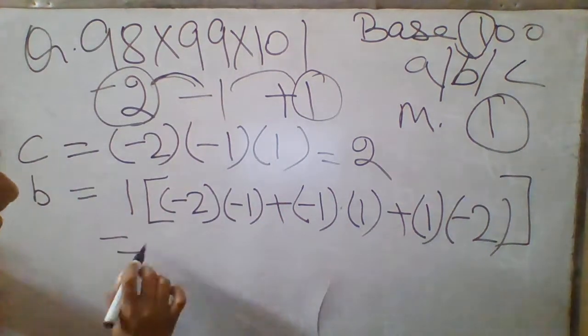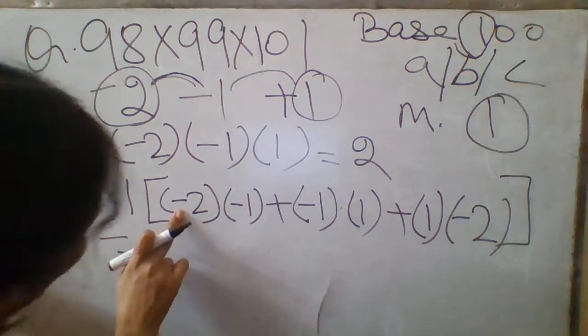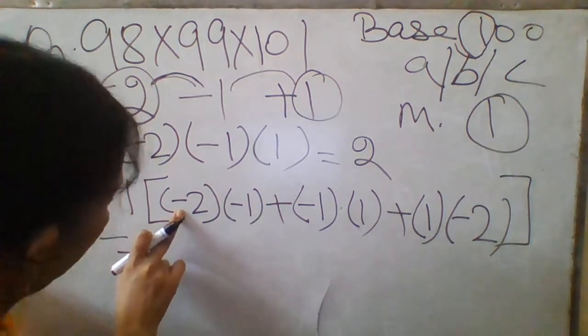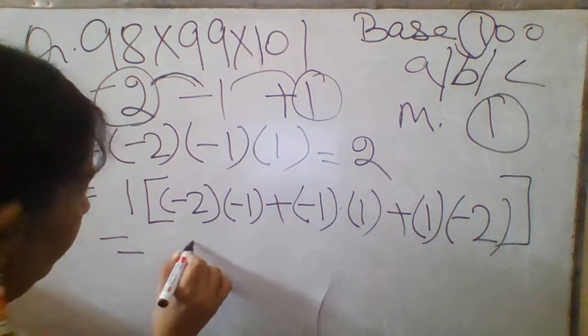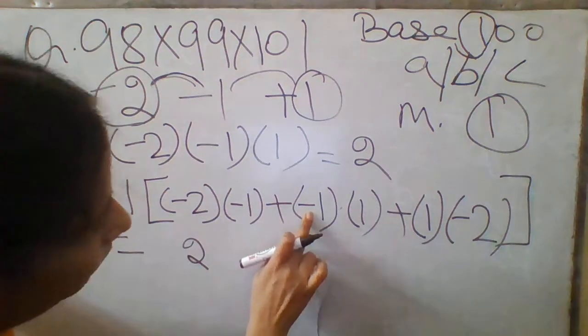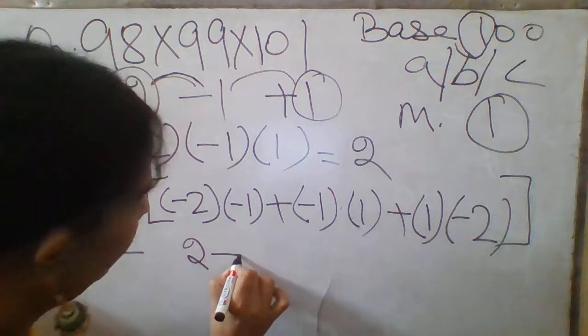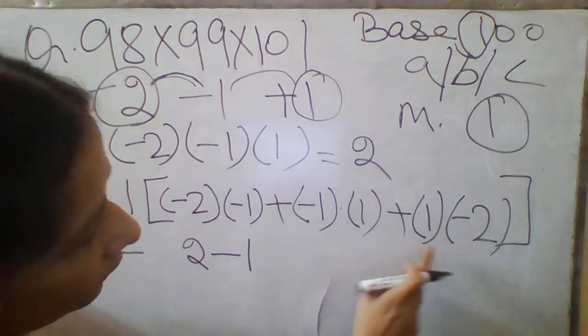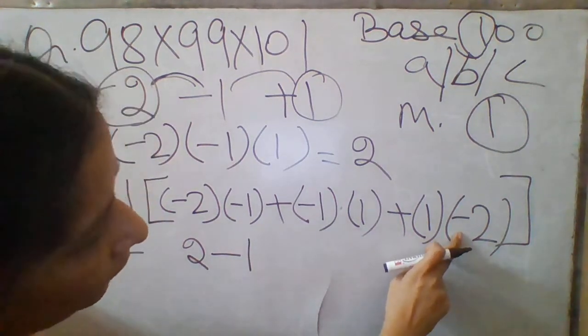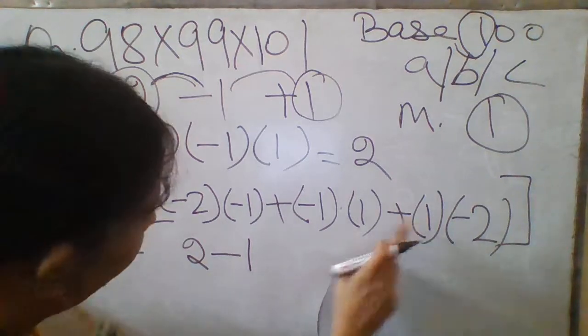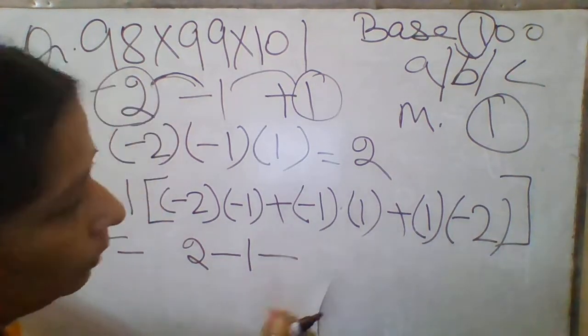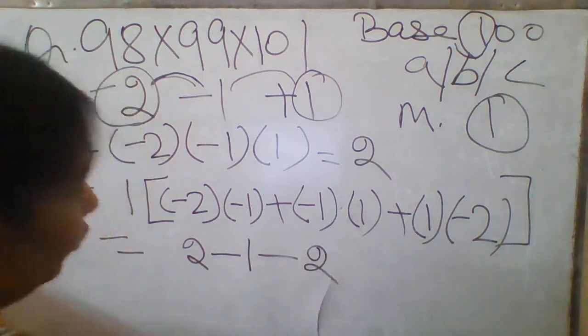So you will solve it out. See, minus into minus will be plus. Okay. So here you will get 2. Then here minus into plus will be minus. So here you will write down -1. And again here minus into plus will be minus. You will write down minus and you will get here 2.